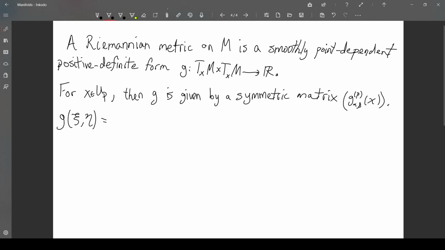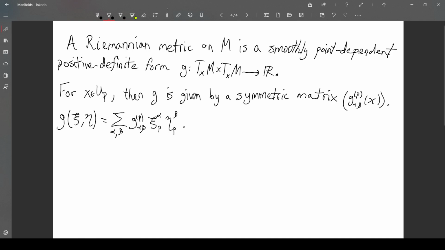The evaluation of the form is going to be the sum over alpha and beta of G_P alpha beta, like so. Alpha and beta are again running from 1 to m, the dimension of M.